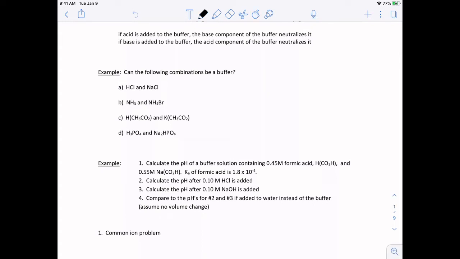The first one here, hydrochloric acid and sodium chloride. Remember, whenever we see sodium chloride, if we have a group 1A cation, I'm not going to care about it. So it's the chlorine part that I care about. So what we have is chloride and HCl. Will those make a buffer or not? Hopefully you're thinking no. And then, of course, I'm going to ask you why.